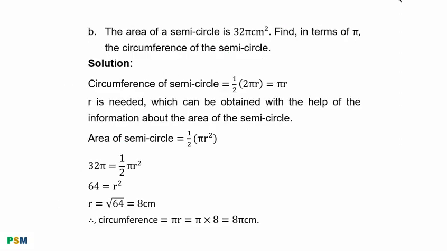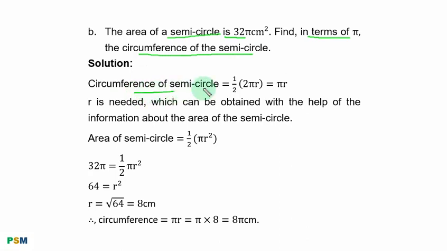Question 11b. The area of a semicircle is 32 pi square centimeters. Find in terms of pi the circumference of the semicircle. Solution.